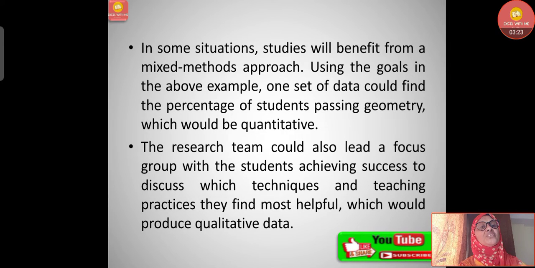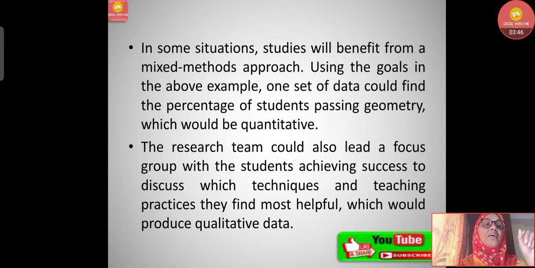In some situations, studies will benefit from mixed methods also. Sometimes we can take both, not just qualitative or not just quantitative, both. That approach will be called a mixed approach. Now, using the goals in the above example, one set of data could find the percentage of students passing geometry, which would be quantitative.